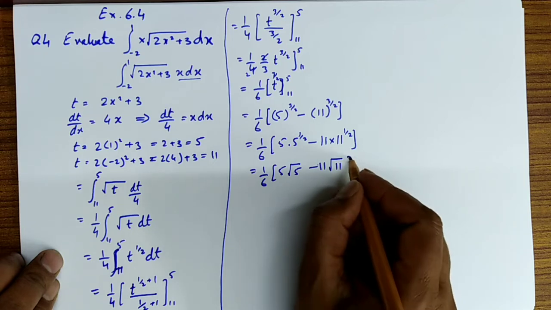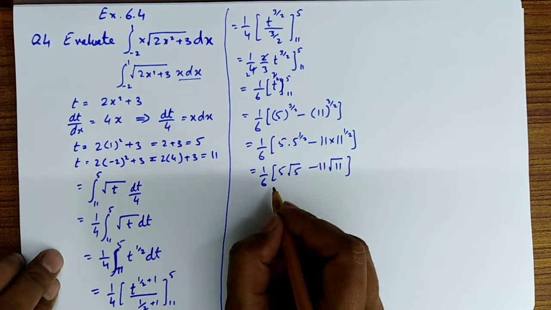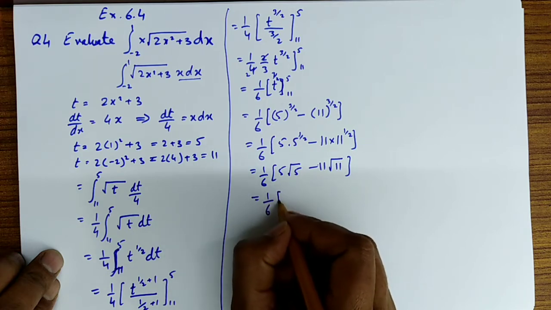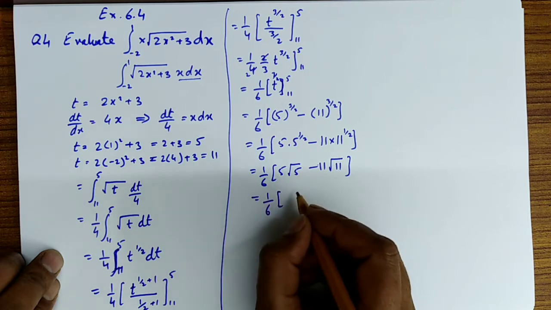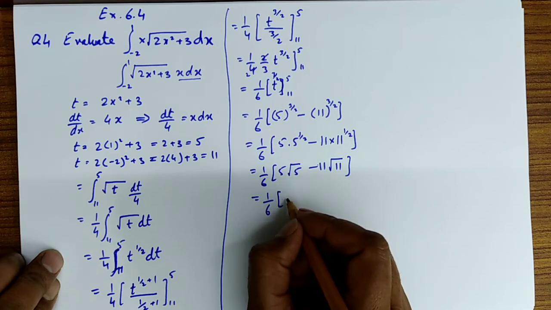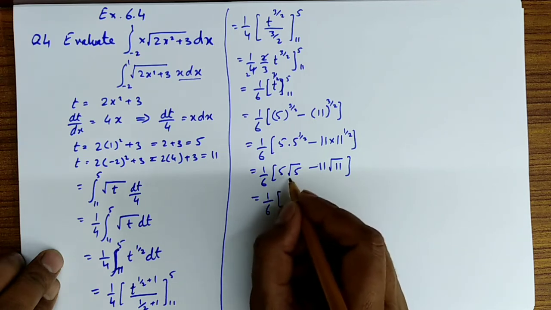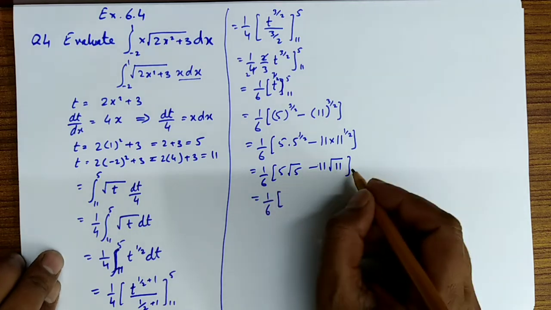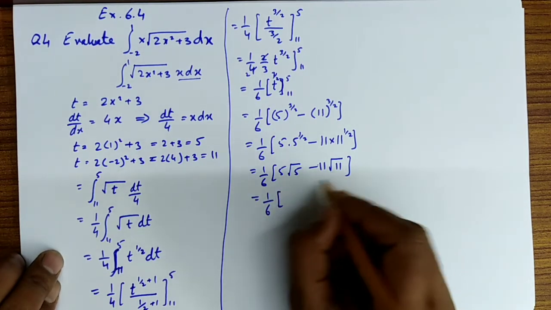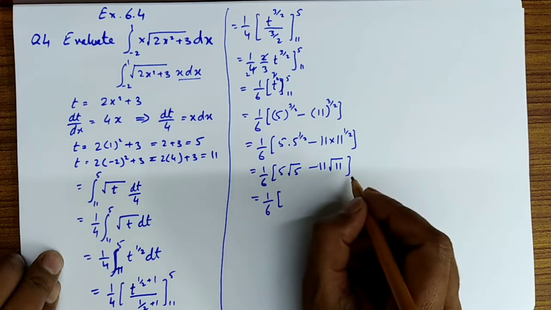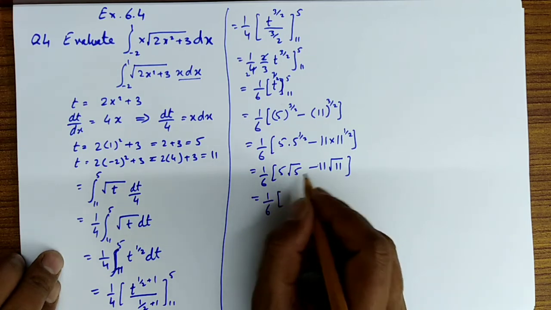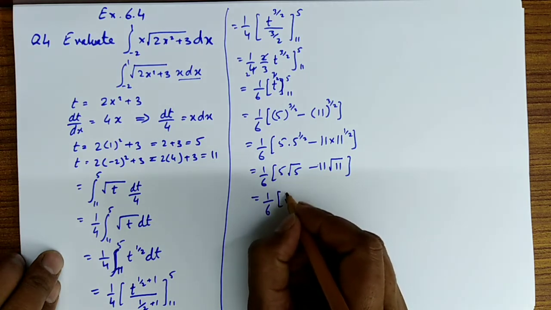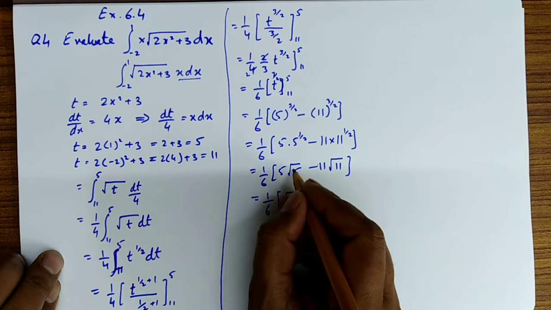So further we can write this as 5 under root 5, and we can consider this as our answer. Just to get the answer of the book, we are going to change the form, writing this 5 inside the bracket.